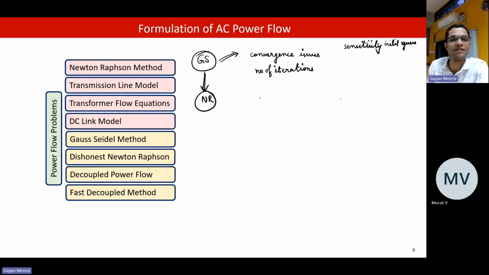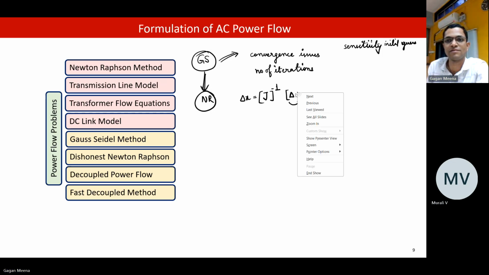Then, to solve this problem of the number of iterations, we move to Newton-Raphson. In Newton-Raphson, if we do the Taylor series expansion, we get this Jacobian inverse. And the update will be the Jacobian inverse times this mismatch vector. Let's say delta p, delta v are known; this is the mismatch vector.